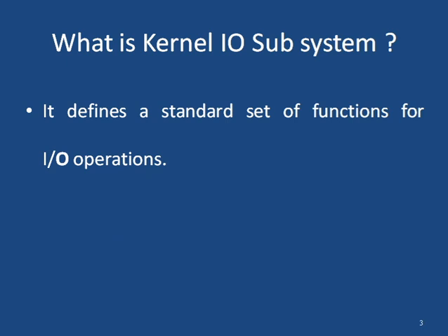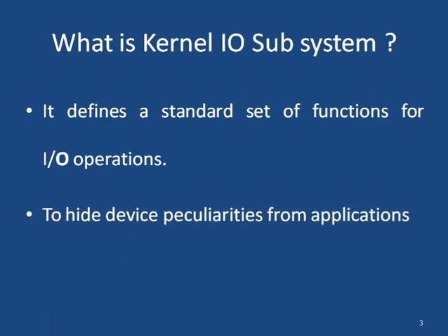Through this IO subsystem only, the kernel communicates with the IO devices. And to hide device peculiarities from applications, the kernel IO subsystem develops an abstract mechanism for the applications towards the devices.